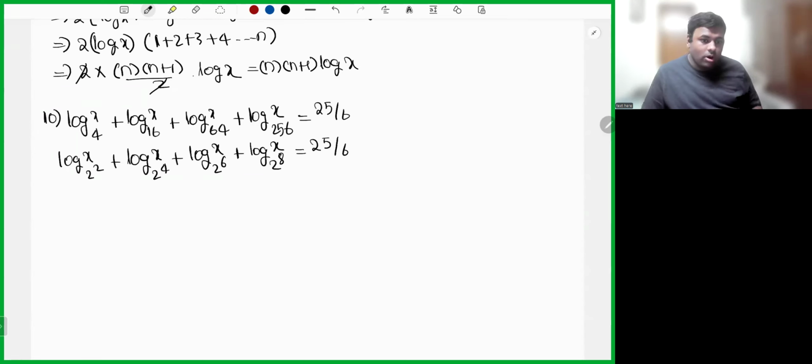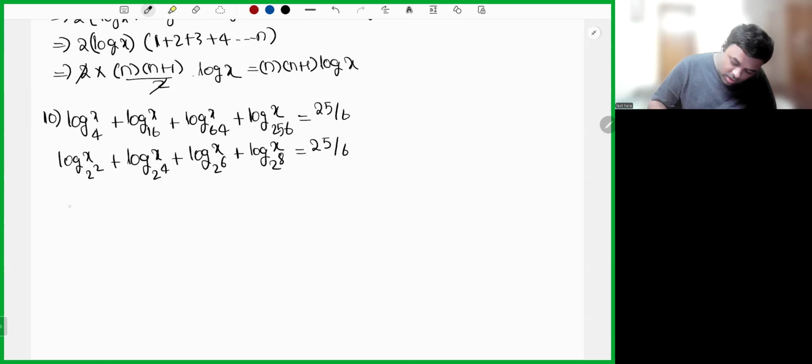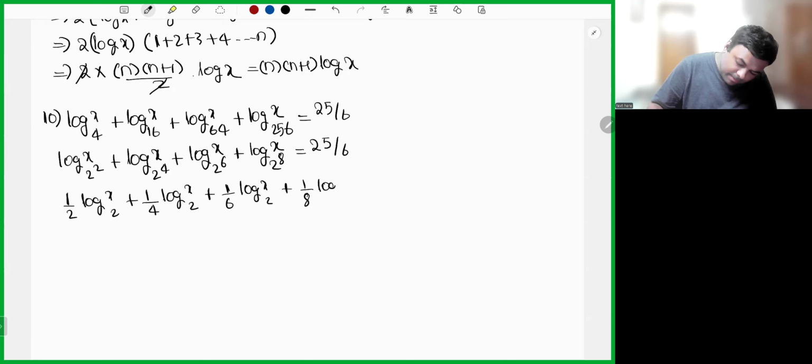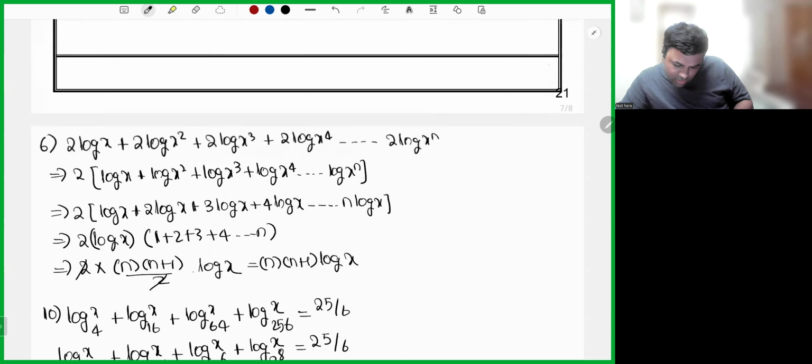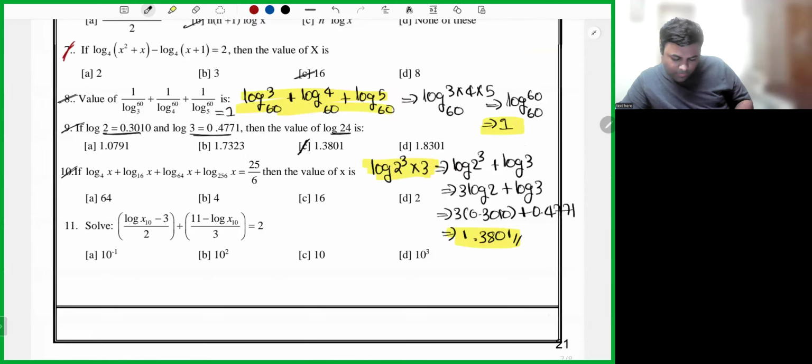Now, what is log x base 2 square? 1 by 2 log x base 2 plus 1 by 4 log x base 2 plus 1 by 6 log x base 2 plus 1 by 8 log x base 2 equals 25 by 6. 25 by 6 only? Yeah, 25 by 6 only.